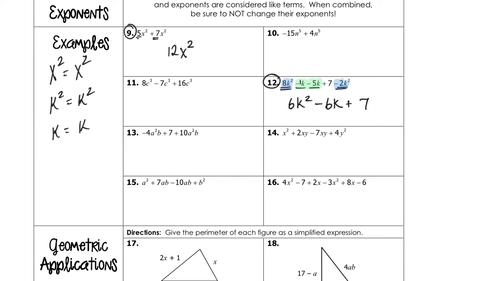So we're also going to take a look now at number 14, right? One of the things I want to talk about in 14 is that there are some x squareds, so we've already got that written down. X squareds are equal to x squareds, and by the reflexive property, y squareds are y squareds, so I'll write them the same. And then we have this thing, xy, which is important because an xy is equal to an xy.